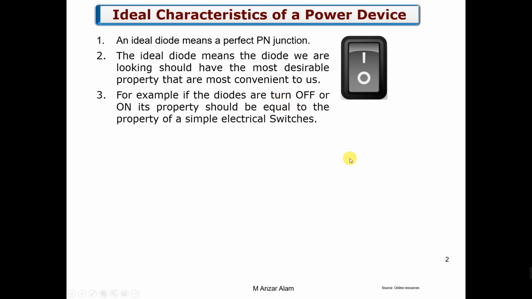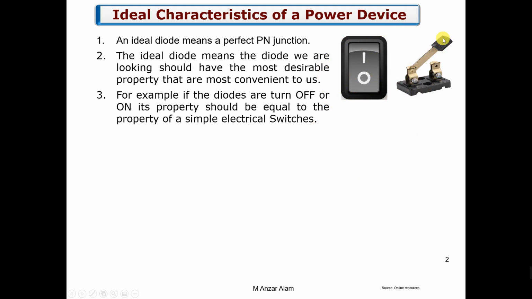There could be one more example of a mechanical switch. We can understand the diode by taking the example of a mechanical switch, because we are all familiar with it. This is also a mechanical switch, but it is a knife switch, so it needs mechanical power to turn it on.